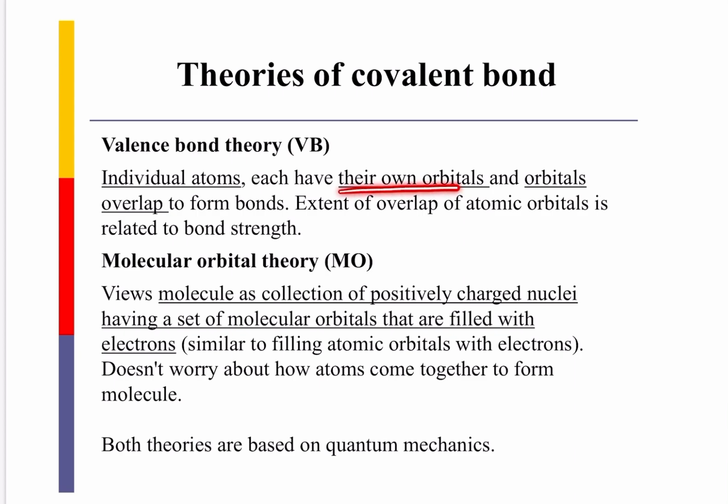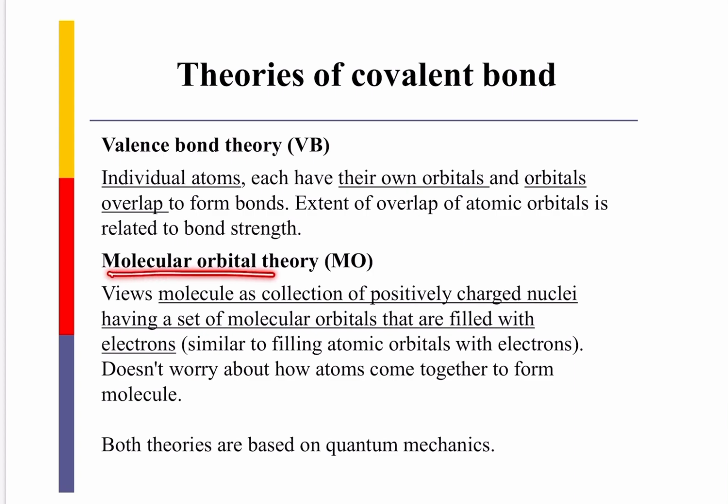It's very important: the orbitals overlap to form a bond. Each atom is independent and not related to the others. The extent of overlap of atomic orbitals is related to bond strength. It's very easy: we have atomic orbitals, they overlap, and we make a bond.